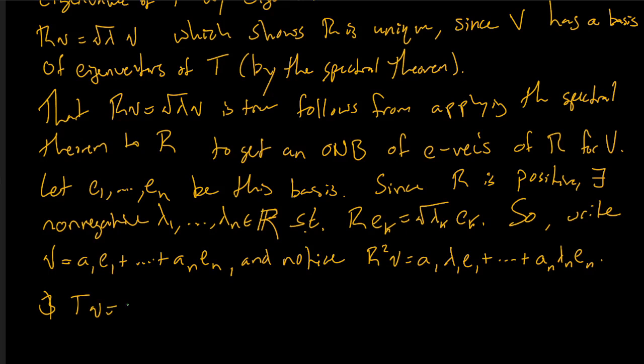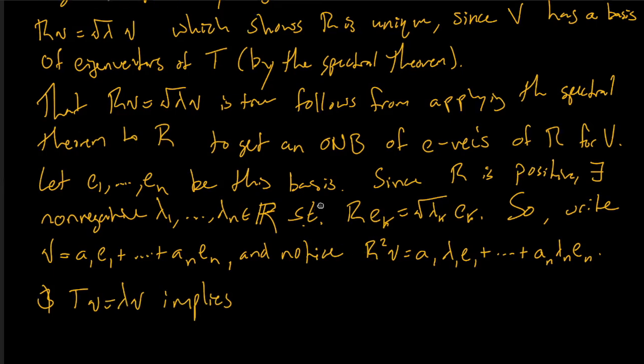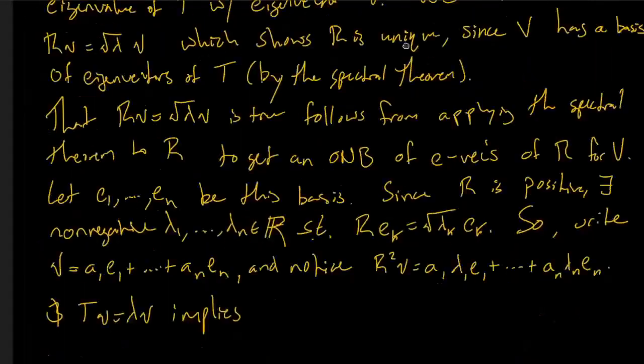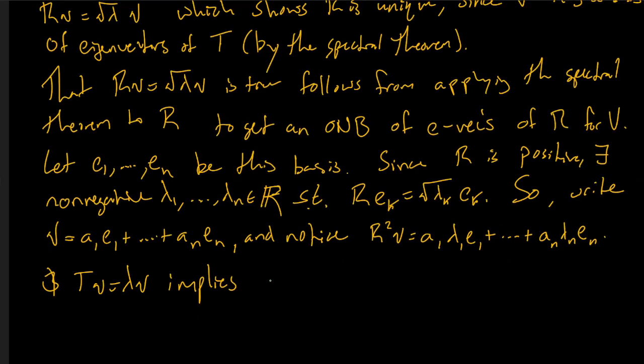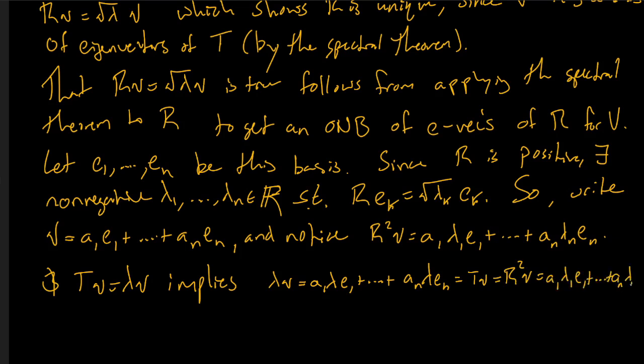Hence, we get the following. Tv equals lambda v, which implies, since R is by our assumption a positive square root of T, that lambda v, which is equal by definition to a1 lambda e1 plus dot dot dot all the way down through an lambda en, is equal to Tv, which is equal to R squared v, which is equal to a1 lambda 1 e1 plus dot dot dot an lambda n en.